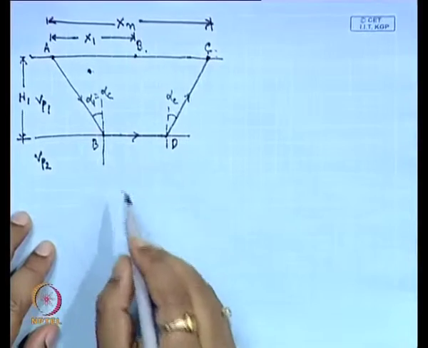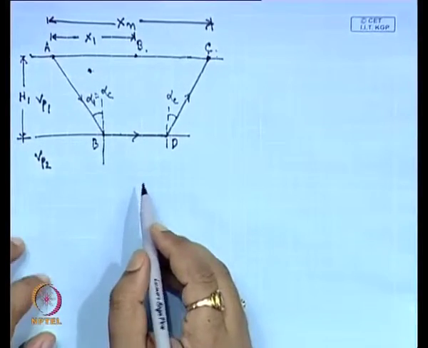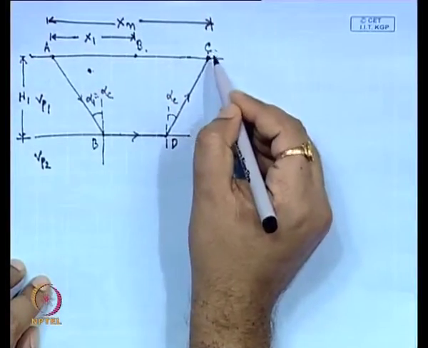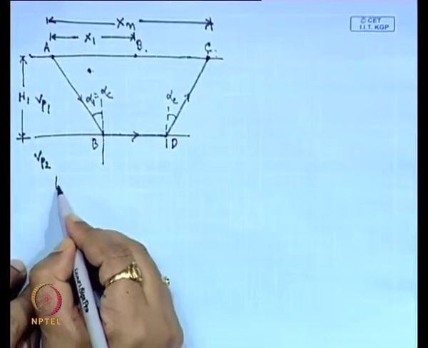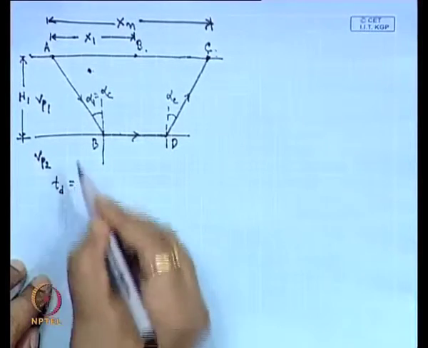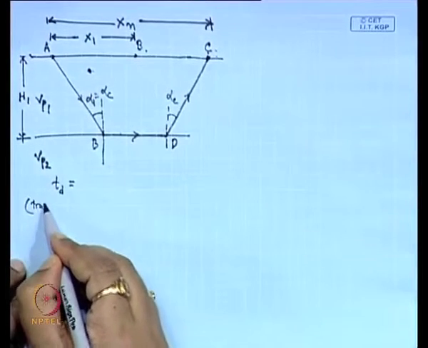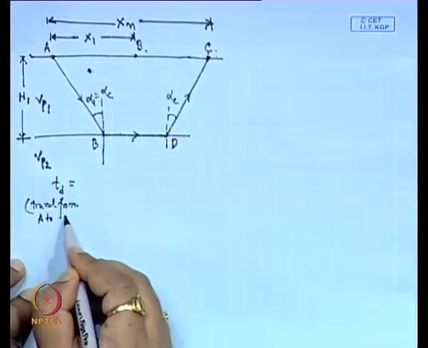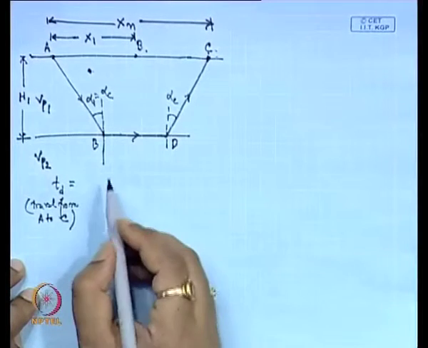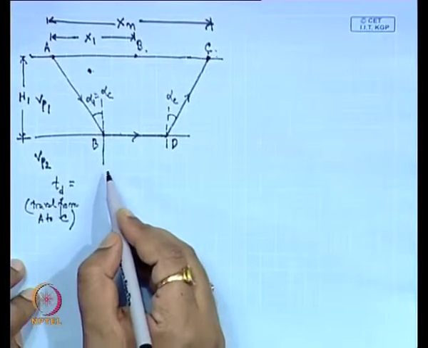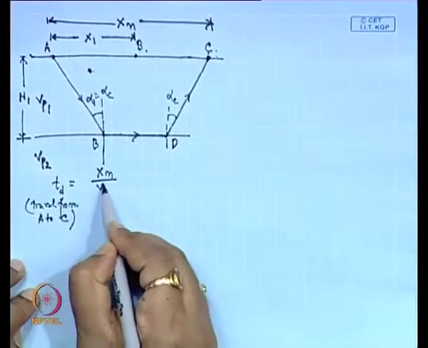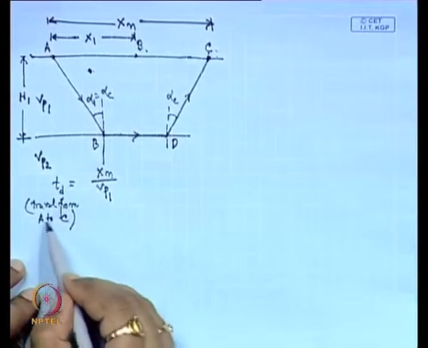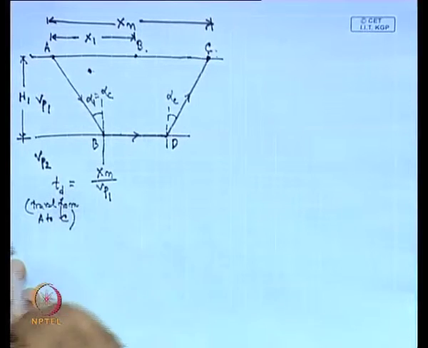So, now we can write that for this C condition, the time required for the direct ray to travel from A to C will be x n divided by V p 1.